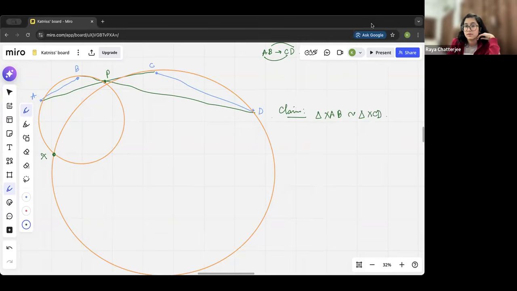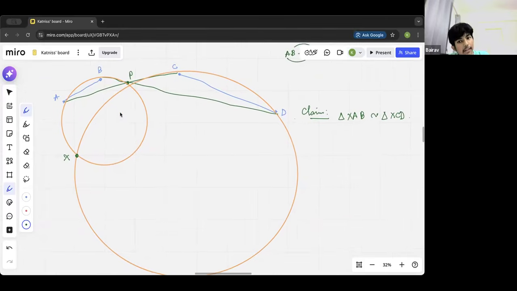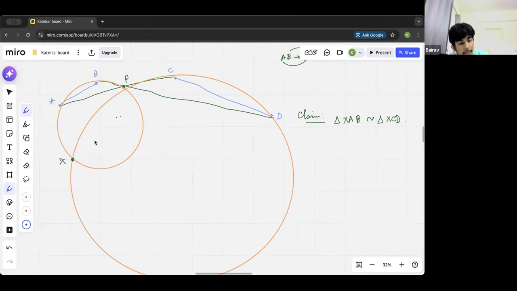Anyone? Any progress? Yes, go ahead. It's enough to prove angle XAB is equal to angle XCD, but angle XAB is equal to angle XPB, which is equal to angle XPD, which is equal to angle XCD.